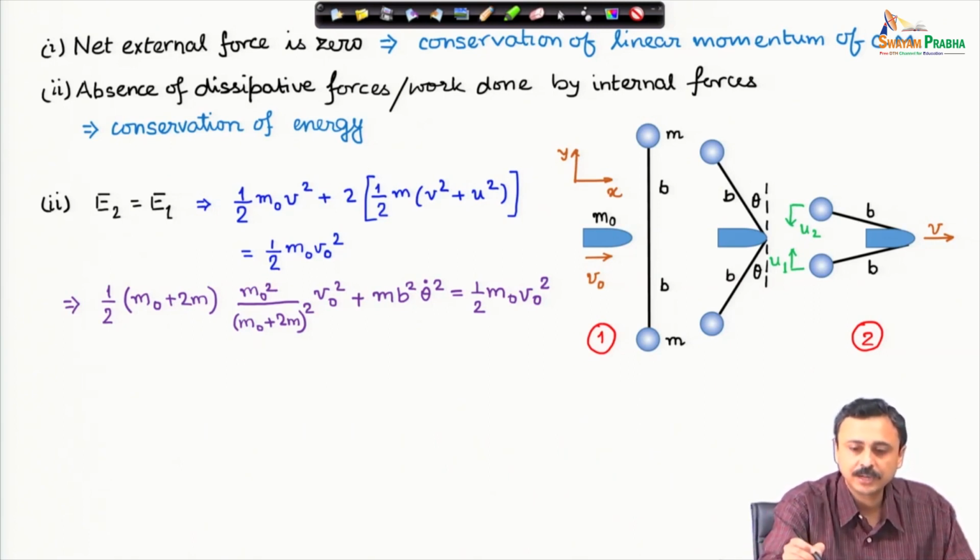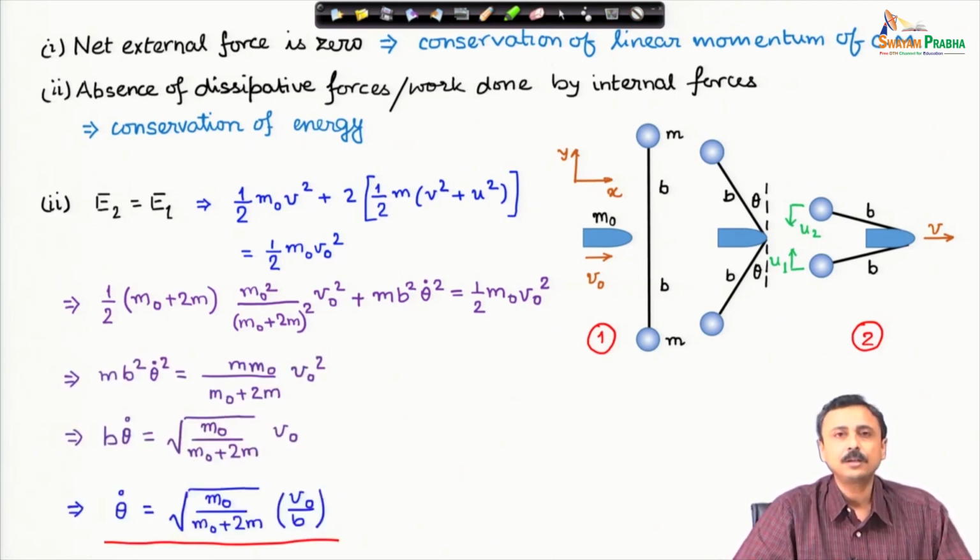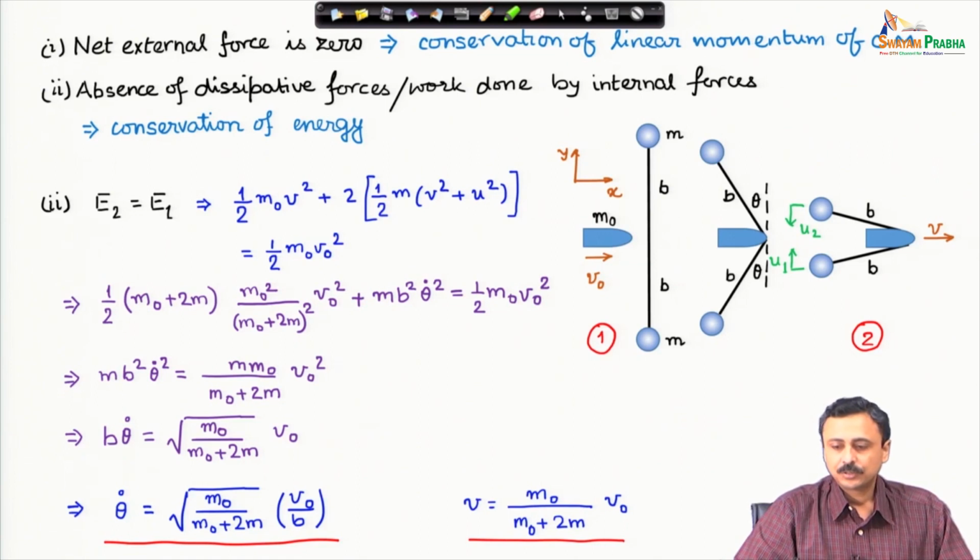So, if you substitute that expression and finally solve straightforward algebra, you will obtain theta dot as this expression, and we have also obtained the velocity in the previous step as this. Therefore, we have obtained the final velocity of the combined system and this rate of change of theta when theta approaches 90 degrees. That means, these two spheres are coming in contact.